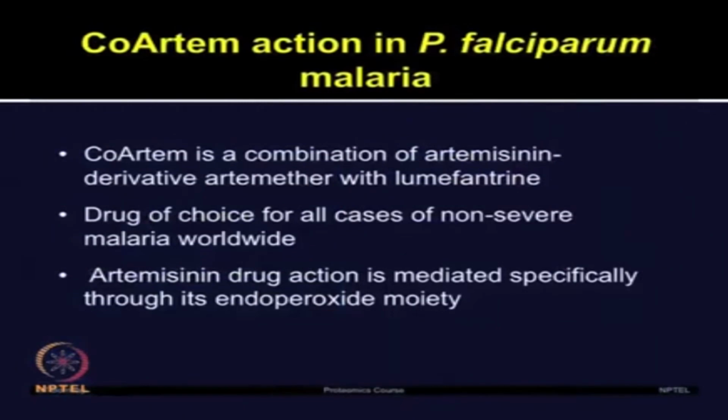So, in this paper, the authors have discussed how two different drugs which are effective antimalarials can be studied for looking at the proteome changes in the Plasmodium falciparum parasite. Coartem is a combination of artemisinin-derived artemether with lumefantrine.